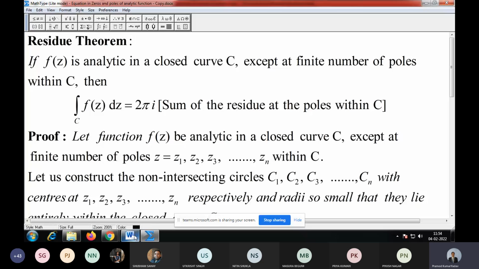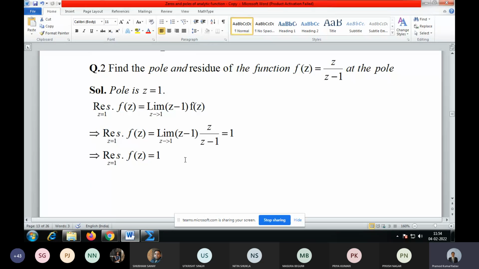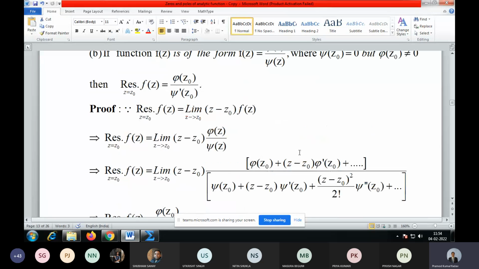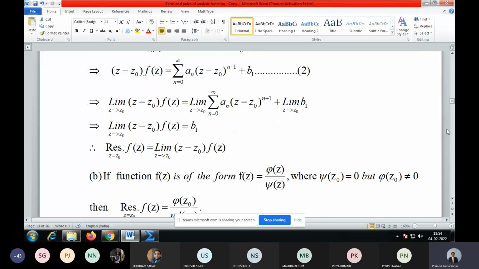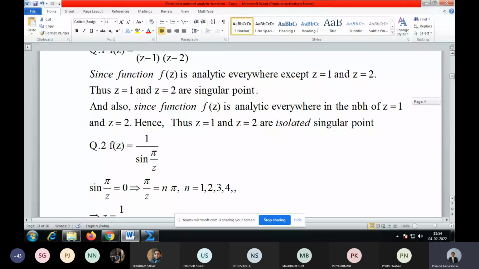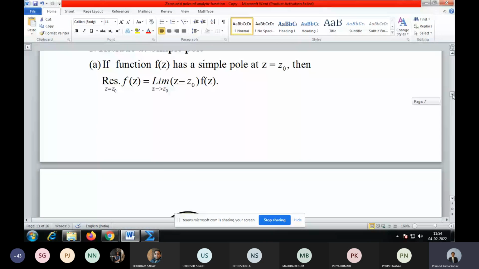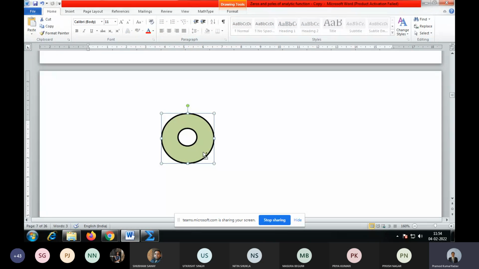I hope you may see the pictures. We have been shown the picture somewhere. We may consider the same picture here.